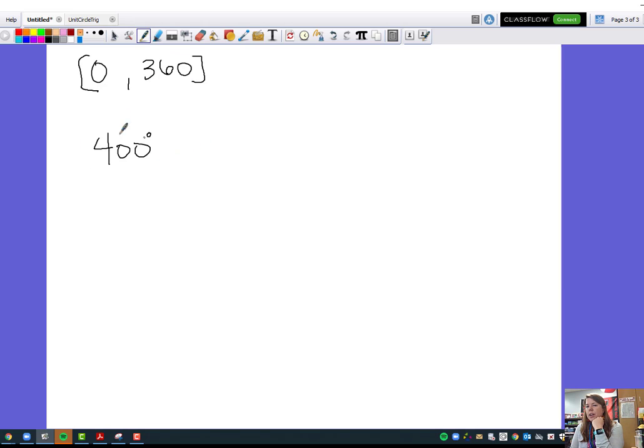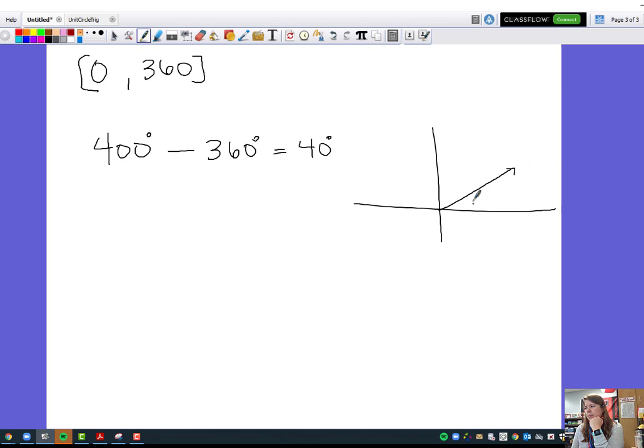If I want to know what angle measure is the same as that, I can take 360, subtract it out, and what's left over is 40 degrees. When I'm graphing, 40 degrees would be here, but 400 is going to be 360 and then another 40. So I go around once and then beyond.